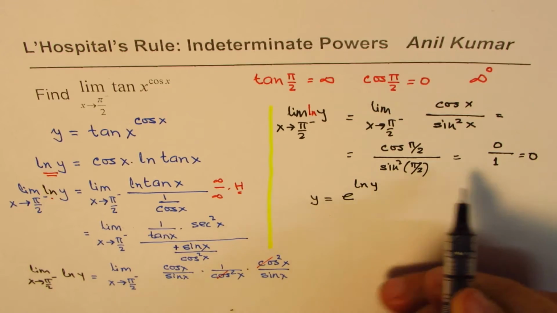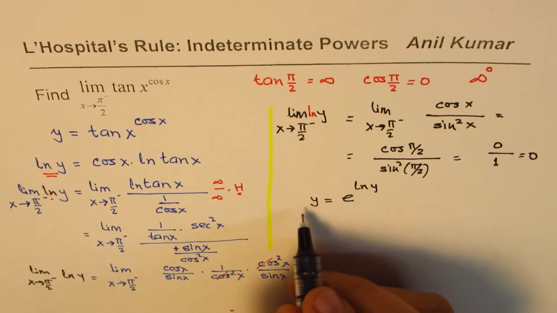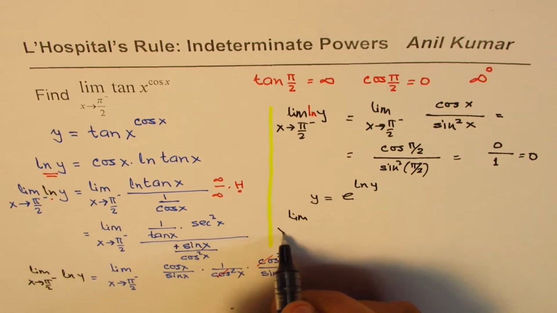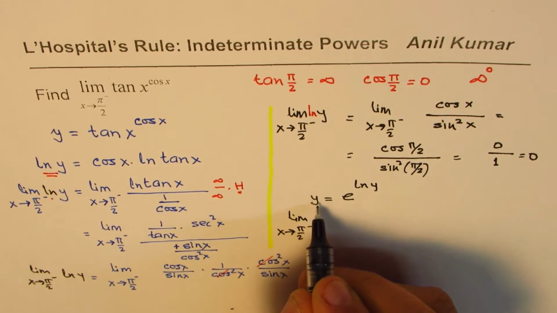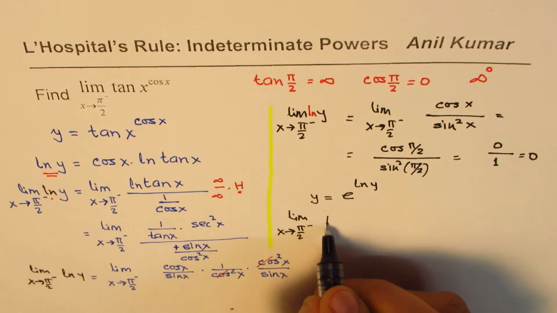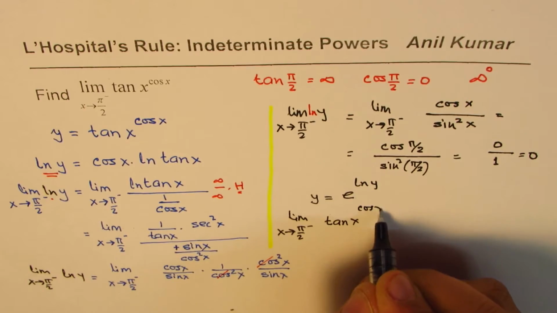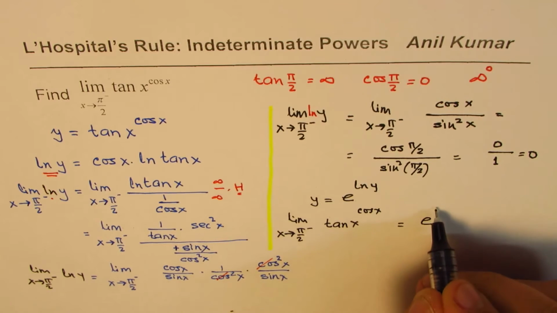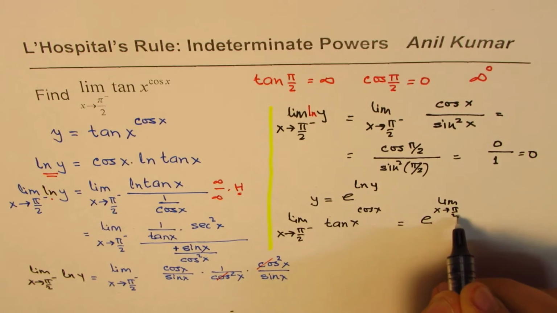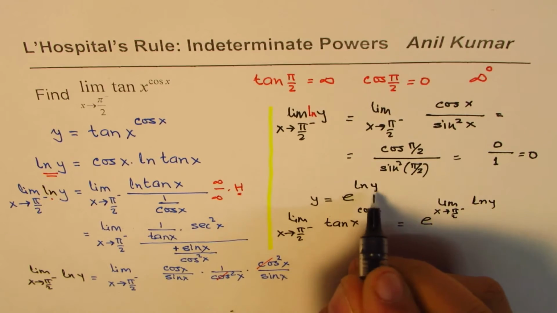So let me show you why we normally write this as e to the power of 0 as the limit of this answer. So the limit as x approaches pi by 2 from the left side for y, y is tan x to the power of cos x, that is y which we substituted, is equal to e to the power of limit x approaches pi by 2 of ln y, right?